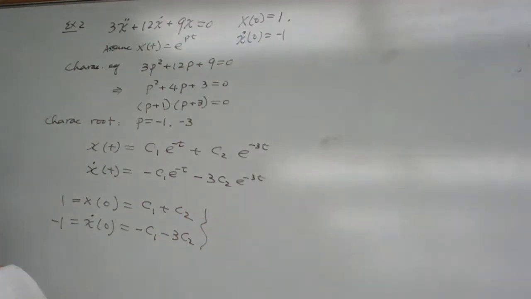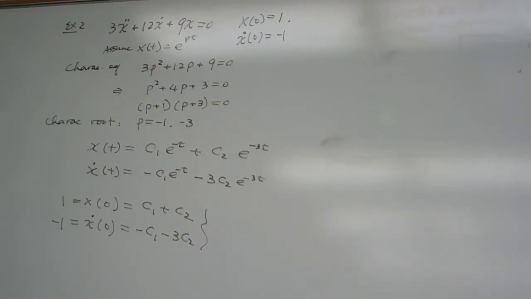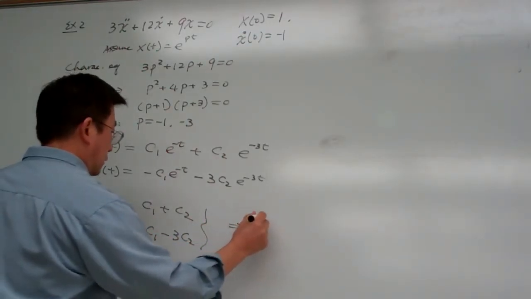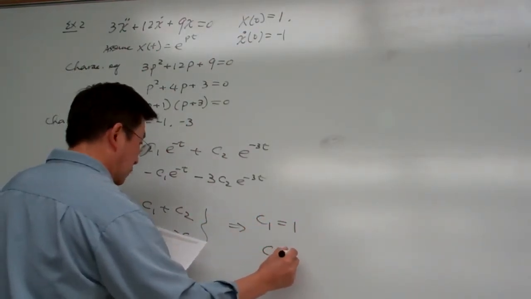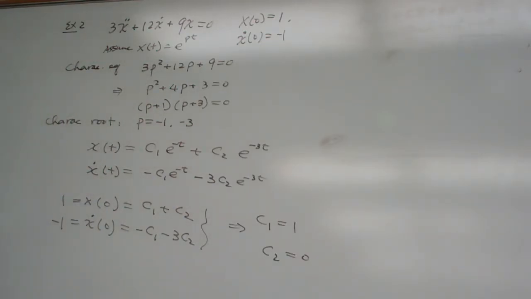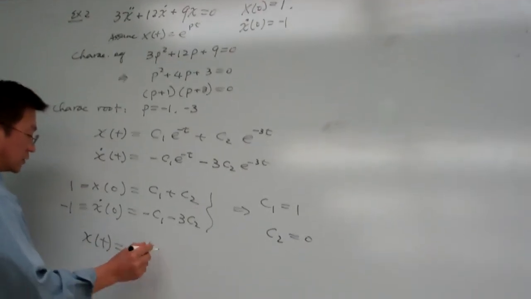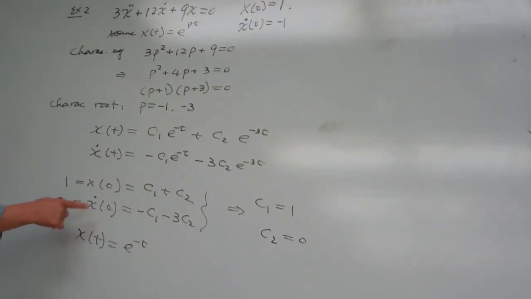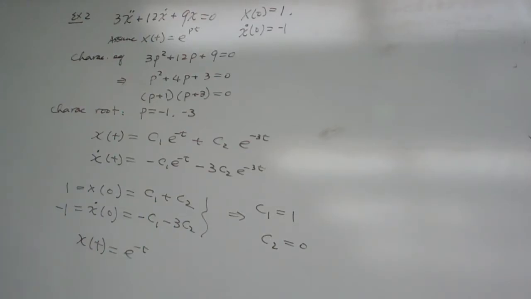From both of these, you should be able to solve: c1 equals 1, c2 equals 0. Therefore for this example the response is simply equal to exponent minus t. That's it. This is basically exponential decay, no oscillations.